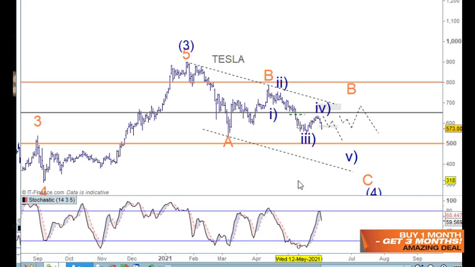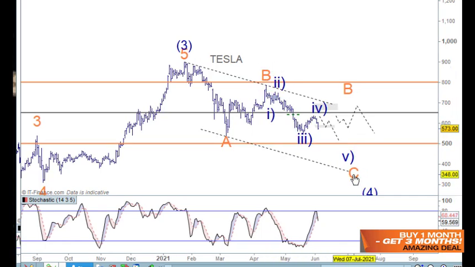So now we need to understand this a little more. As I've mentioned before, it's possible to have a more complicated correction here. I hope it's just as simple as going from wave B to wave C here of wave 4, an A and a B and a C. But from these lows over here, it's possible to have the A wave to here, then a smaller A, B wave here, and a C wave over here to make a B wave over here.